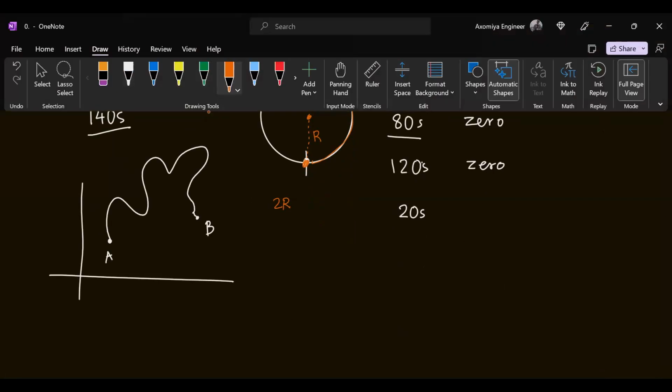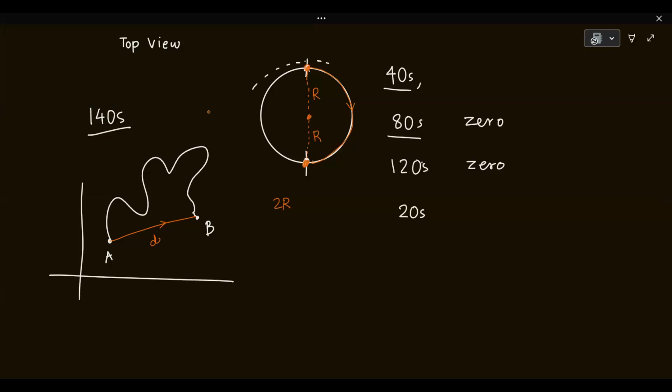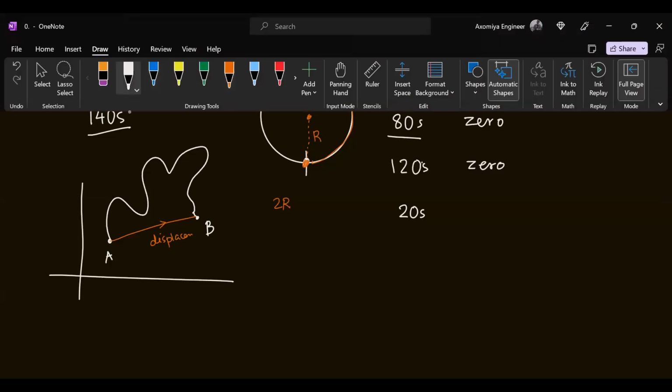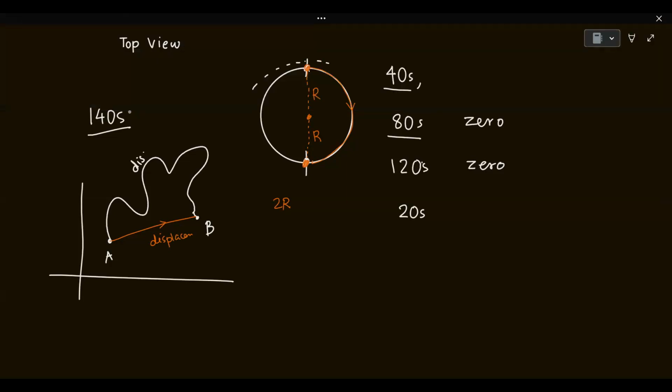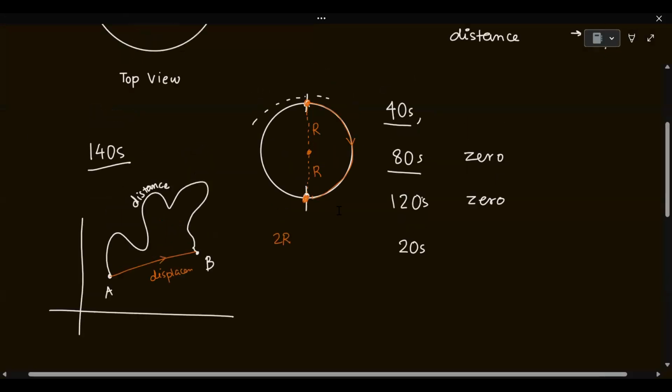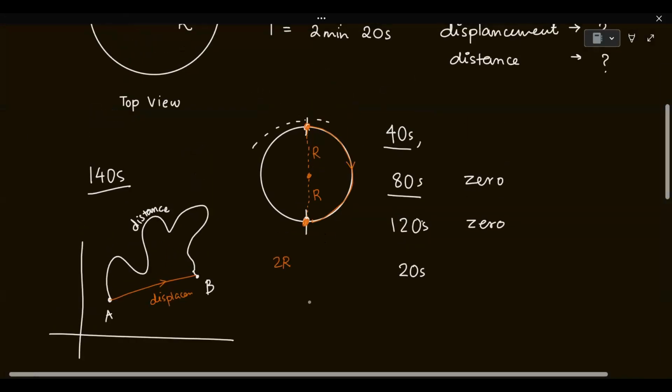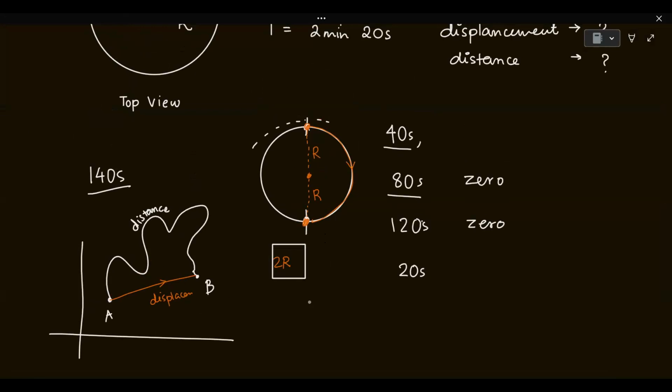You just do this directly. This is the displacement. If you ever find out the path length here, this will be distance. Displacement is always final minus initial directly. There is no going along the path. So that is why the displacement in this case is going to be 2r, because between the final position and the initial position the gap is that of 2r.